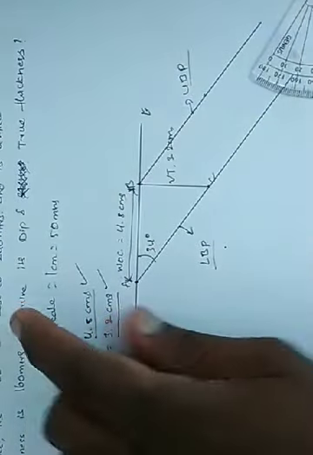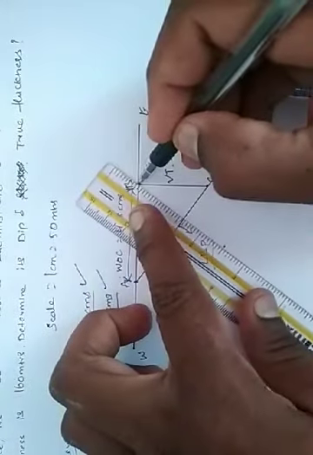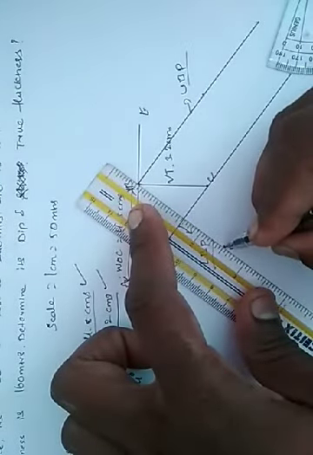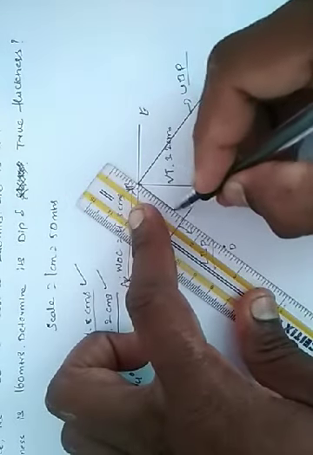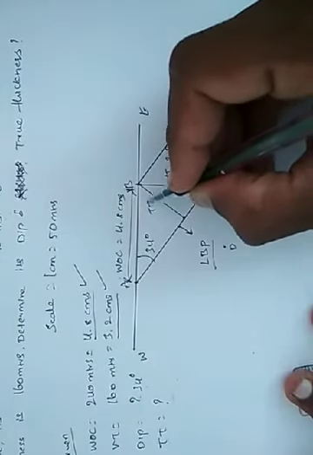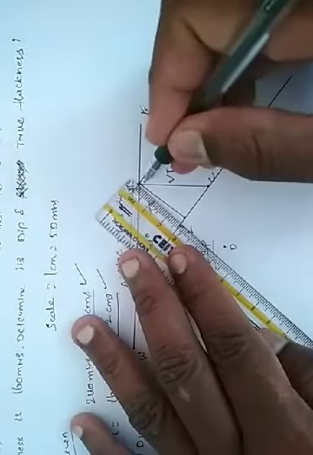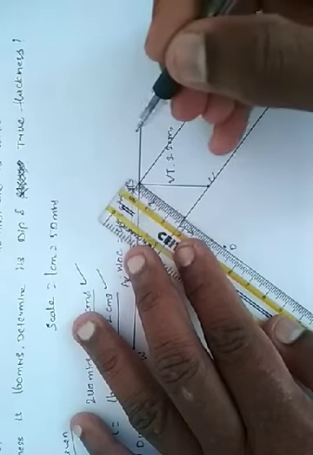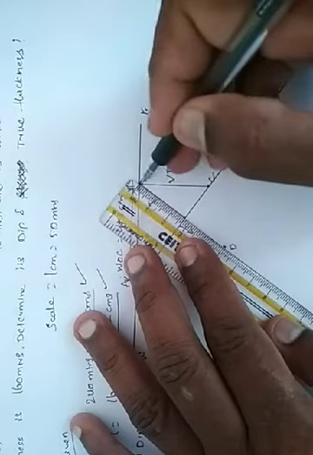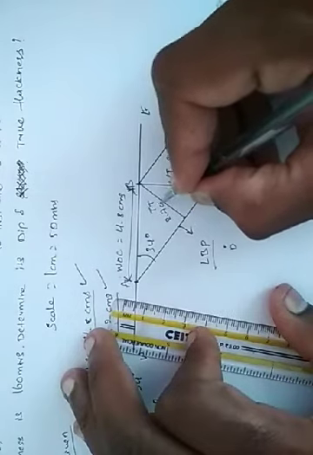Now with the help of the scale I will draw a line. So this is the 90-degree point, and I will draw a line and stop it at the lower bedding plane. So this is our TT. Let us measure the length of this. We got 2.7 centimeters.